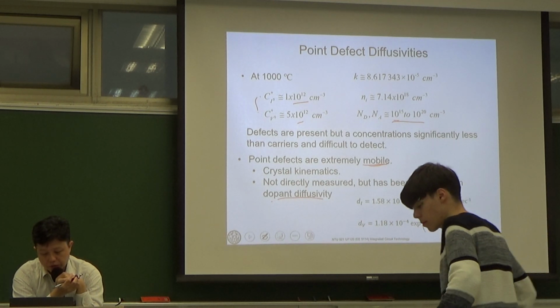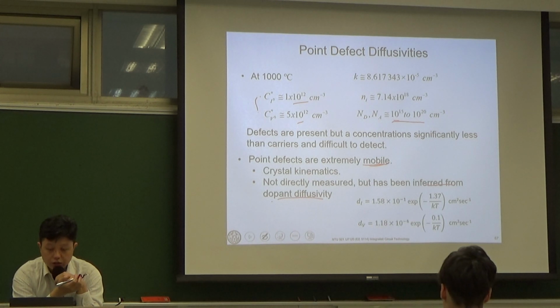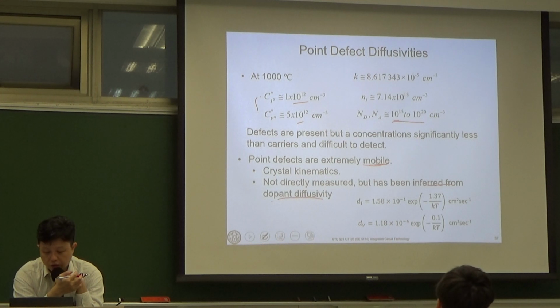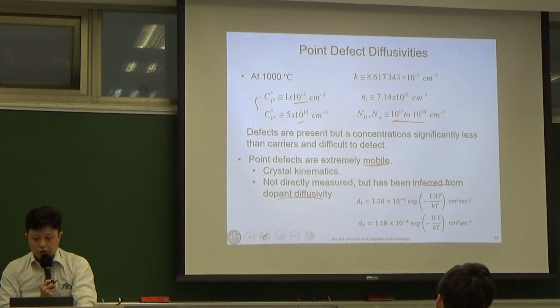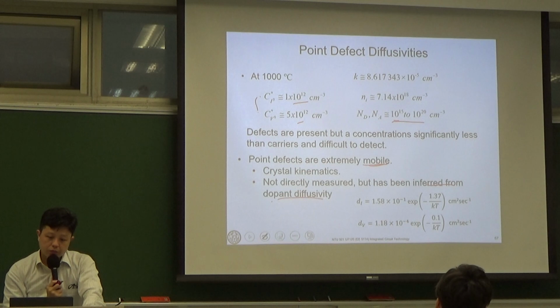If you don't have defects, you can easily see the dopant profile after the dopant diffuses in your material. But once you have a very bad material with many defects in these crystals, and we measure the dopant profile again, you'll find that your dopant will move faster than in a more purified material.